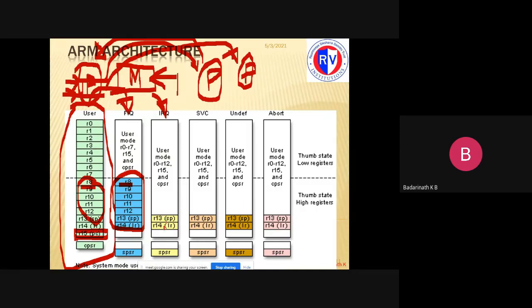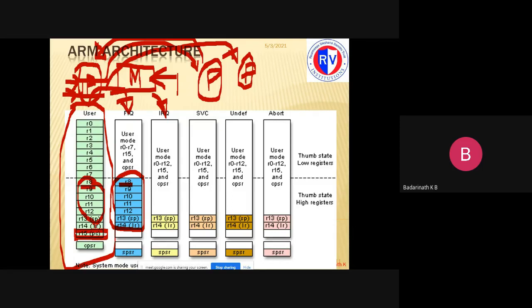So whenever you get a request, you need not push or take care of these registers. Don't worry about the SP and LR registers. Go back to another program. Correct, now use a separate set of R13 and R14, which is meant for this program. And then once you finish, you don't need to retrieve R13 and R14.